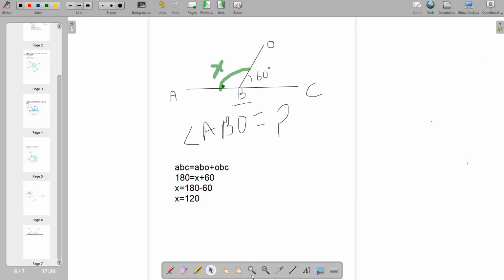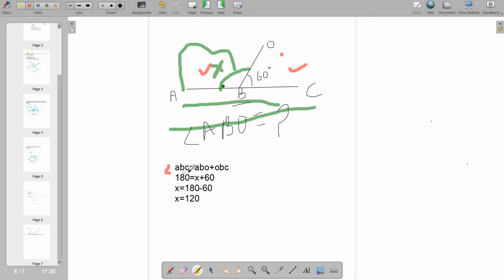Let us proceed. We know that ABC is a straight angle, and a straight angle is made of two angles. Angle ABO is x, and the other angle OBC is 60 degrees. Angle ABC equals ABO plus OBC.